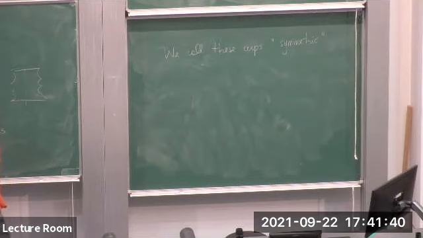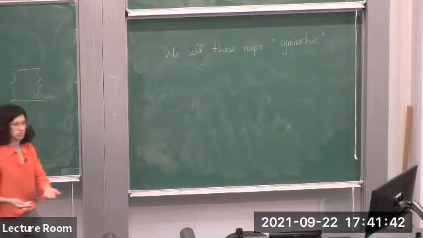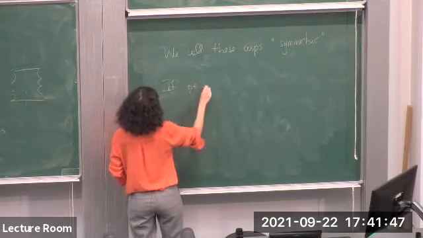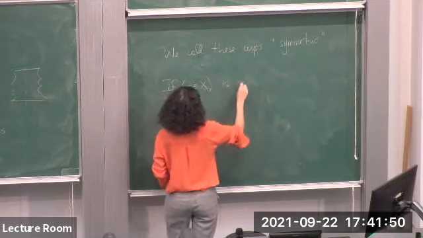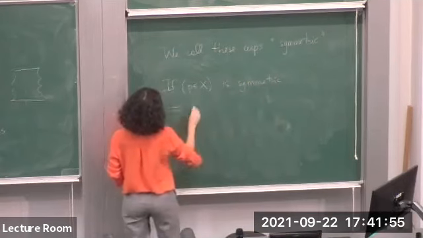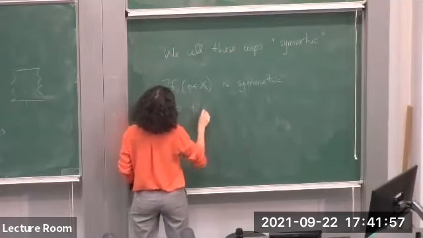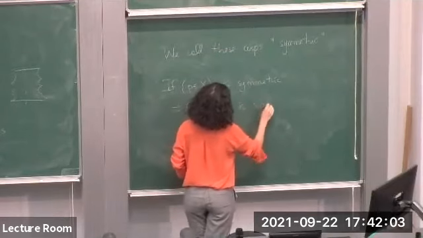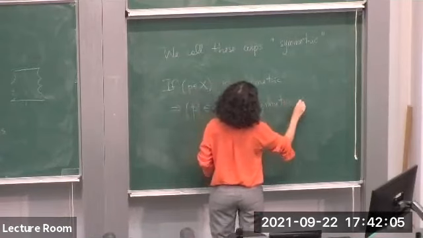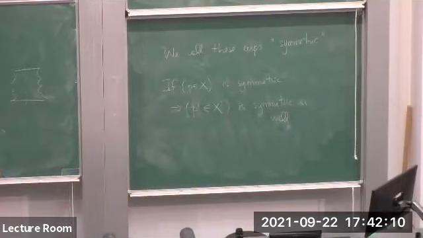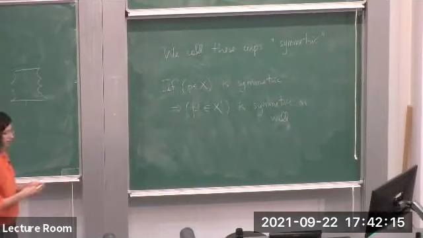So if one has an involution, the other one is going to have an involution as well. There's a natural way to start with one involution and get the one for the dual. Okay.